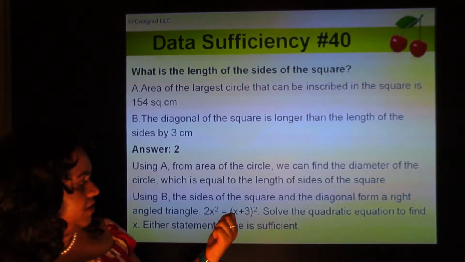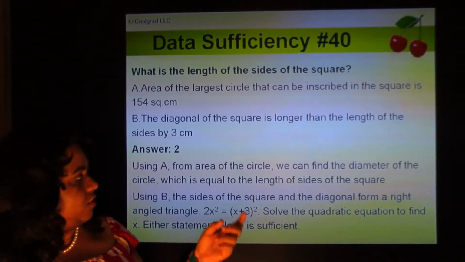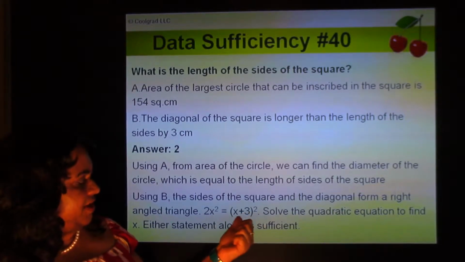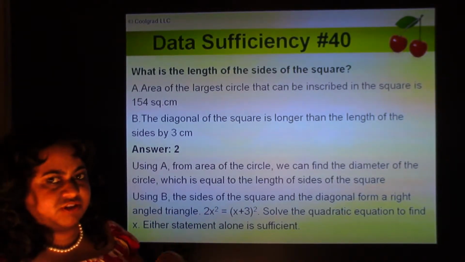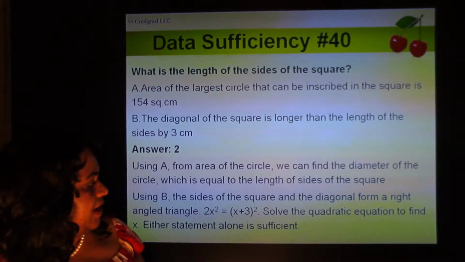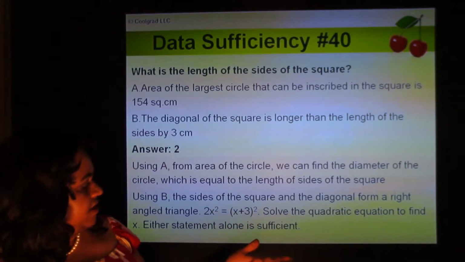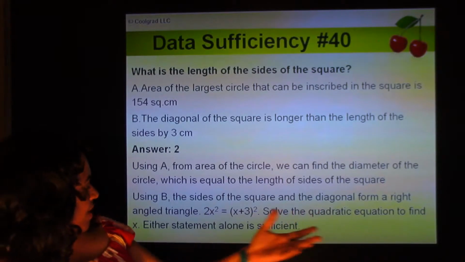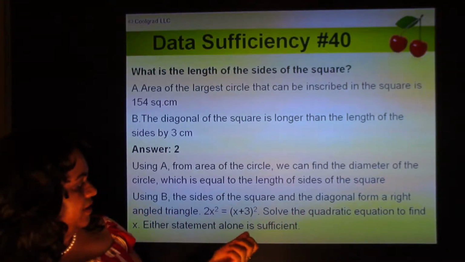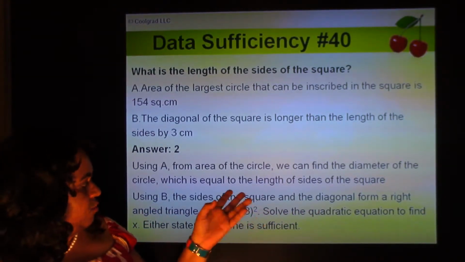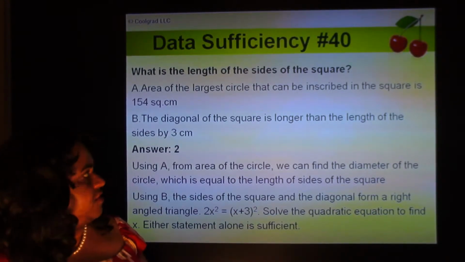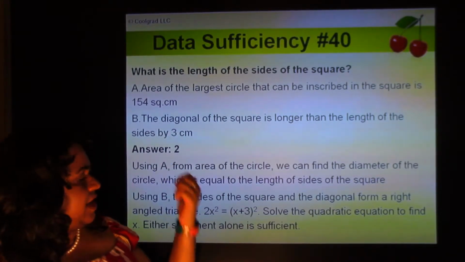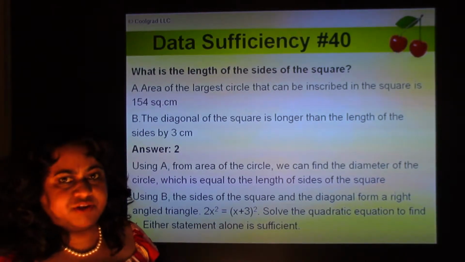And if you can solve, square it, okay? So diagonal is greater than the side by 3, right? So x plus 3, the whole square, is nothing but 2x squared. Just square it because it's easier to solve. And solve this equation, okay? So solve the quadratic equation to find x. So I'm saying either way, using B alone, we can solve for the value of the length of the side of the square. So either statement alone is sufficient. So we pick option 2.